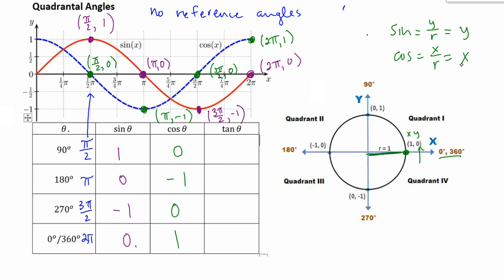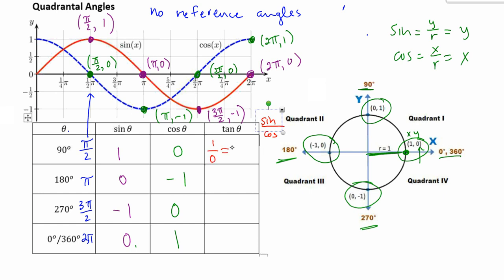So on the coordinate system, quadrants 1, 2, 3, and 4, we've got 0, 90, 180, 270. For these values, you just picture these points right here. Points that are 1 unit away from the origin on the actual x-axis. And then if you look at the coordinates, the x is always the cosine, y is always the sine. All right, what about tangent though? Tangent is sine divided by cosine. So here that would be 1 divided by 0.